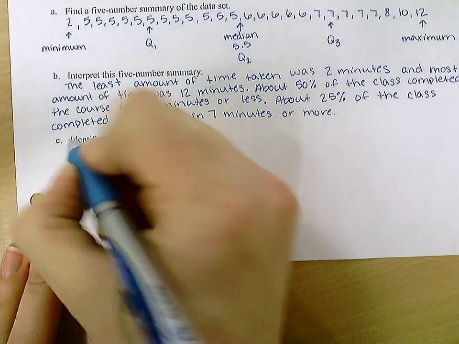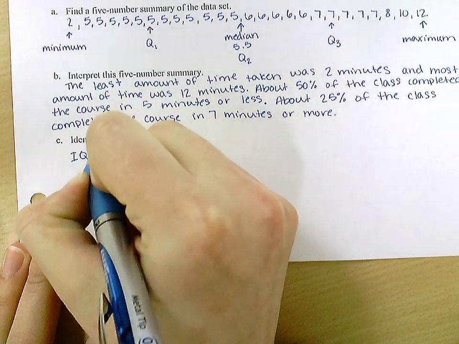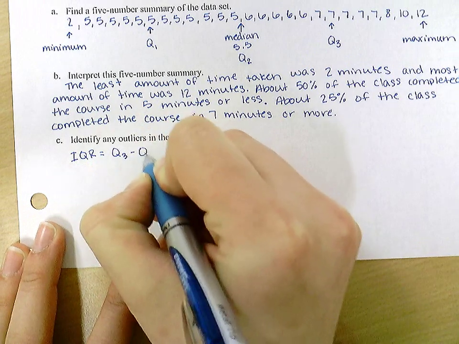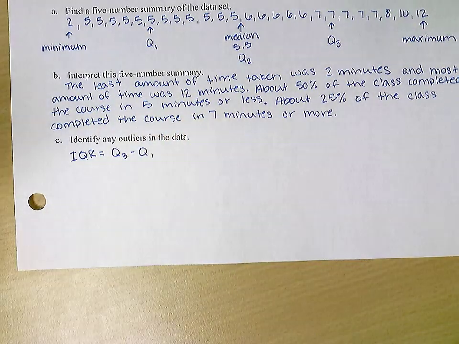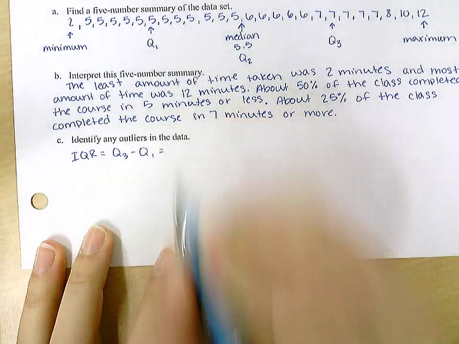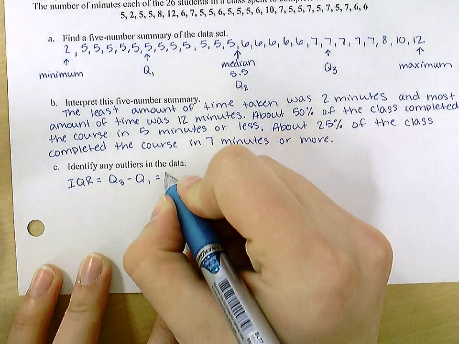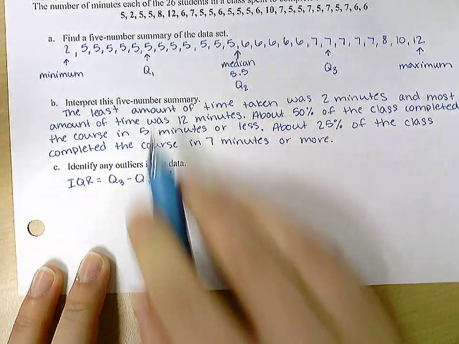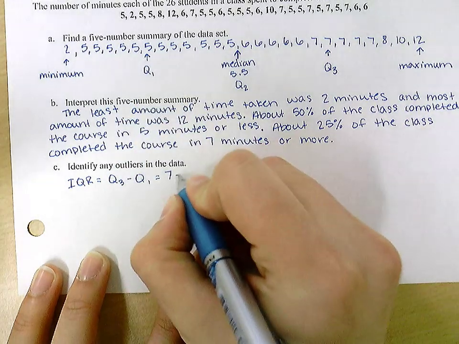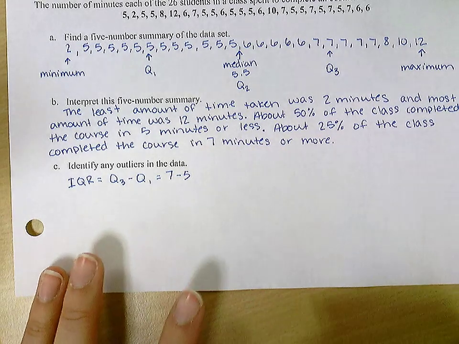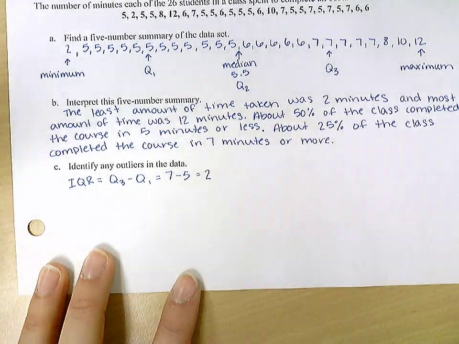So I'm going to take quartile 3, subtract quartile 1. Well, quartile 3 is 7, and quartile 1 was 5. So my interquartile range is 2.